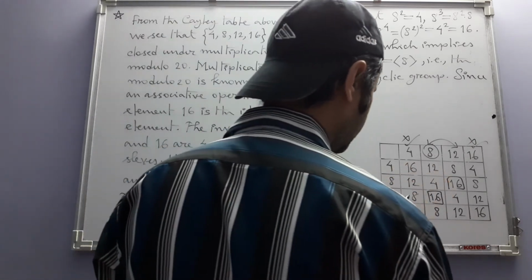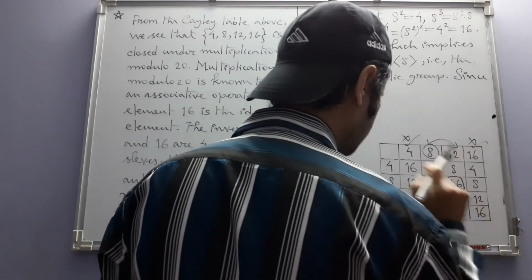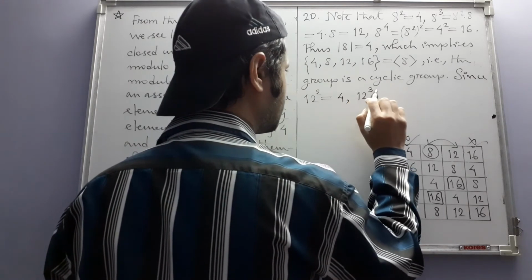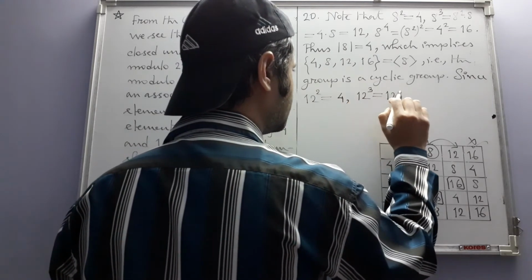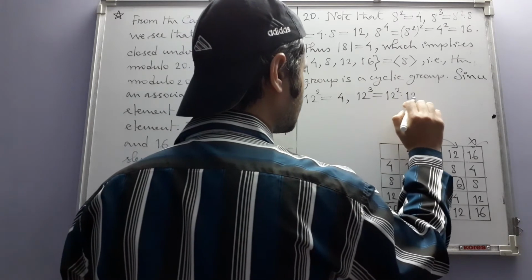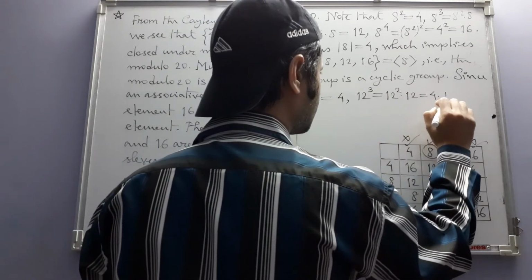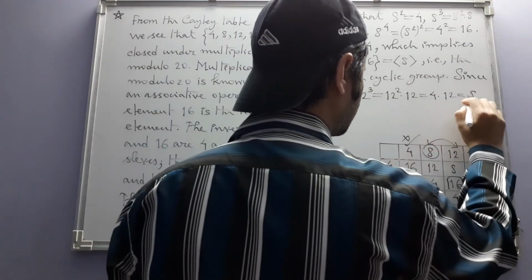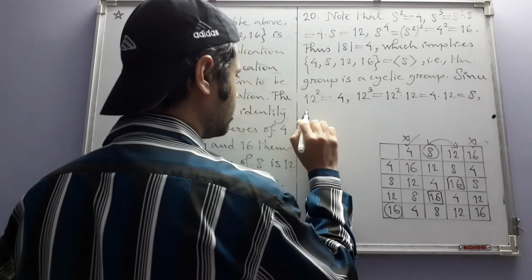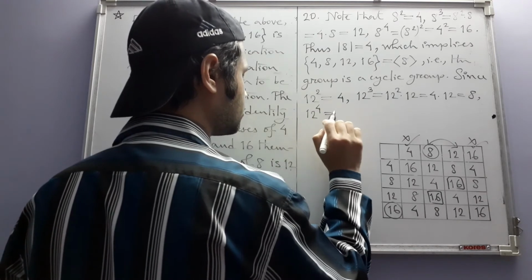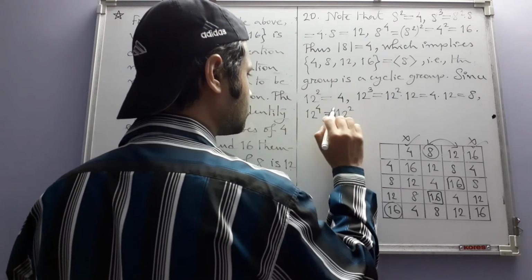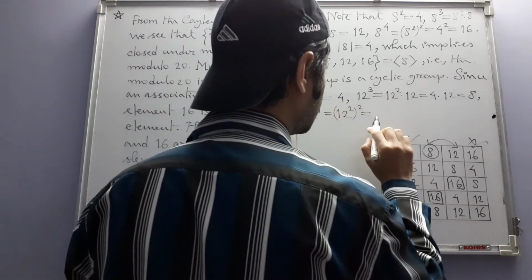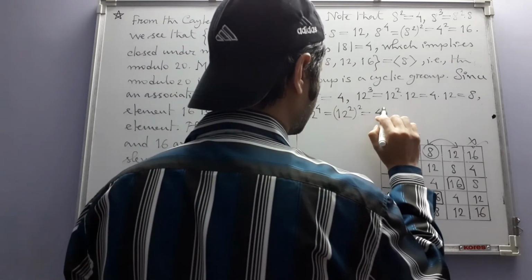So let us see that 12 square is 4. 12 cube is 4 times 12, which is 8, and 12 to the power 4 is 16.